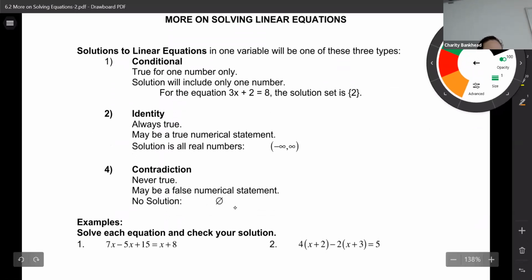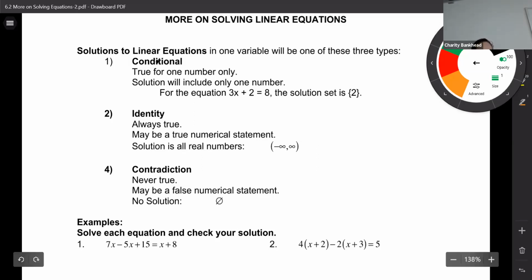All right. We talked a little bit before about identities and contradictions already, although we haven't done any examples of those yet. Basically, all the examples that we've been doing would be known as conditional equations. That's where there's basically just one solution to the equation, like x equals 2 or whatever.